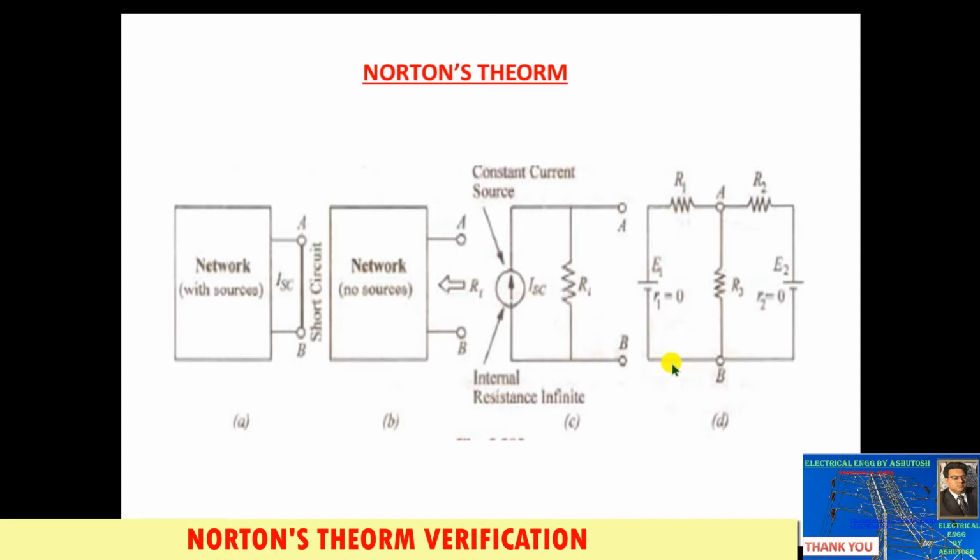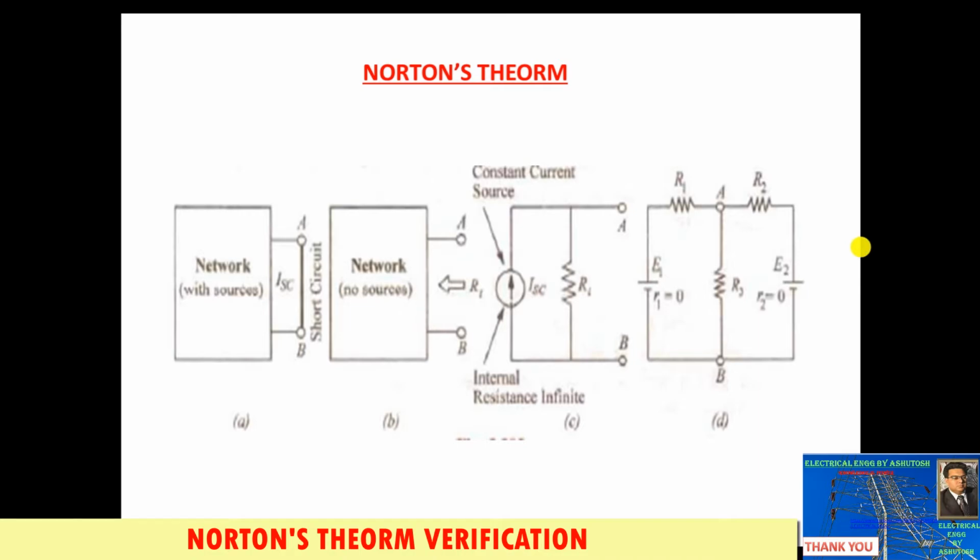Any linear resistive bilateral network which has various sources and various resistances connected can be converted into an equivalent diagram having a Norton's current source, also called short circuit current, in parallel with Norton's resistance Rn, and terminals A and B where the load resistance is to be connected. This is the statement of Norton's theorem.